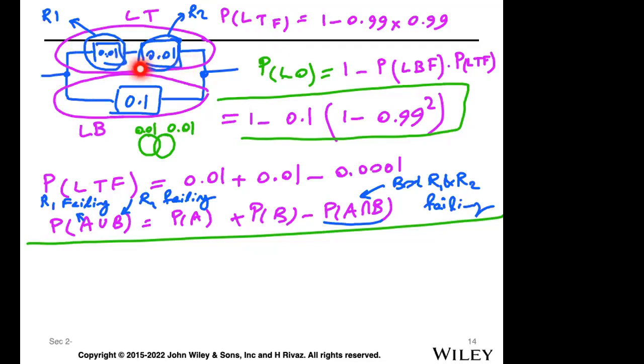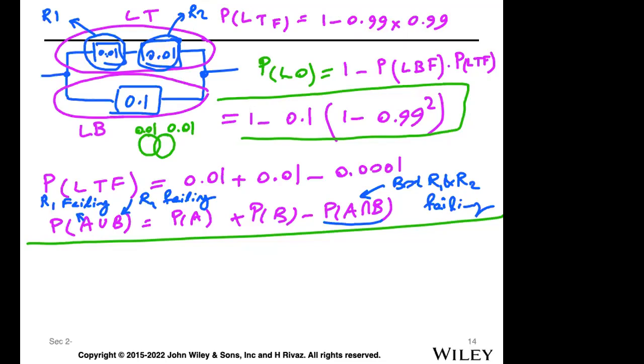So what is the probability that this branch operates? This branch only operates if both of these guys operate, right? So what's the probability that both of these operate? 0.99 times 0.99. So 0.99 to the power 2. So in fact, we calculated the difficult parts, right?